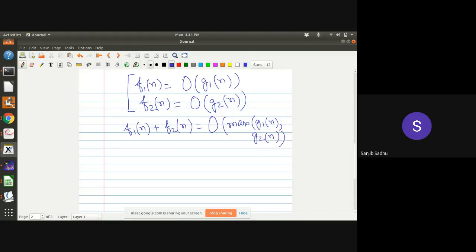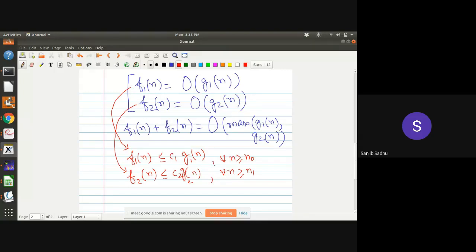Okay, you can prove it similarly like this. I'm not showing the entire details. f1(n) is big O of g1(n), this says that f1(n) is less than or equal to C1 into g1(n) for all values of n greater than or equal to n naught. Similarly, f2(n) is less than or equal to C2 into g2(n) for all values of n greater than or equal to n1.